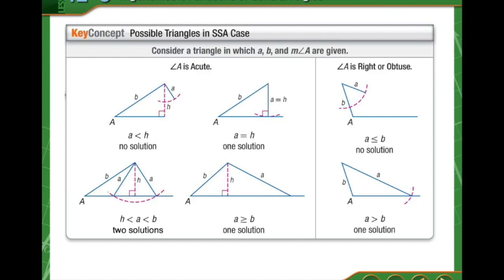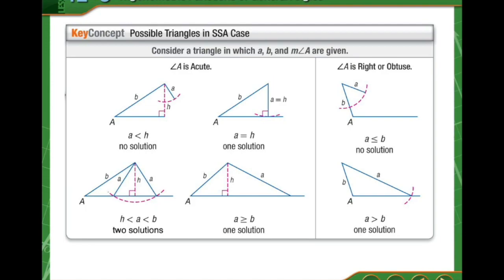But we could also have just one solution, and there's three different options that can do that, depending on what that measure of angle A is, if it's acute or obtuse. And then, of course, there's two options that could be no solution, and it just has to rely on these different things. If A is less than the height, there's no solution if angle A is acute. If angle A is acute and A is equal to H, there's one solution.